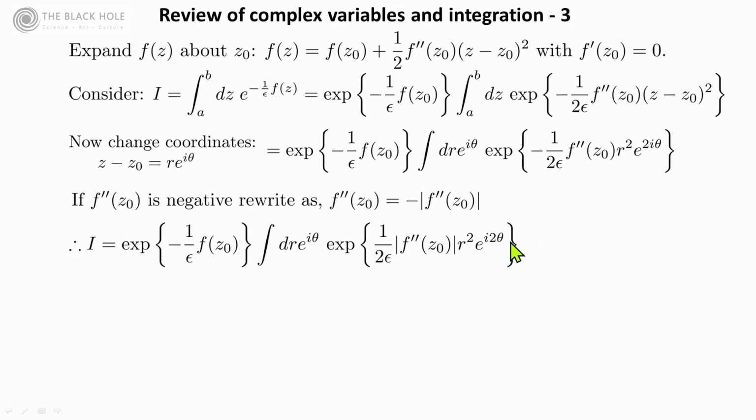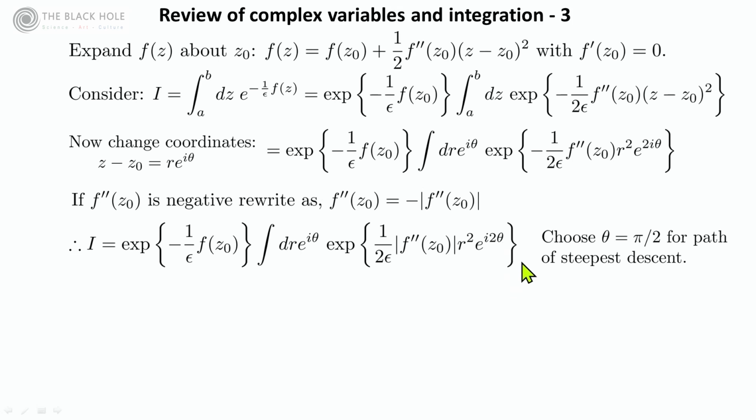Now here I have still the choice of theta to make. What choice should I take for theta? And I'm going to take theta equal to pi by 2 for the path of steepest descent. Well, steepest descent or steepest ascent, depending on whether you're going one way or the other way.